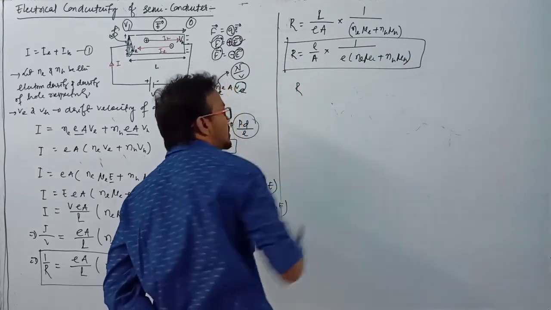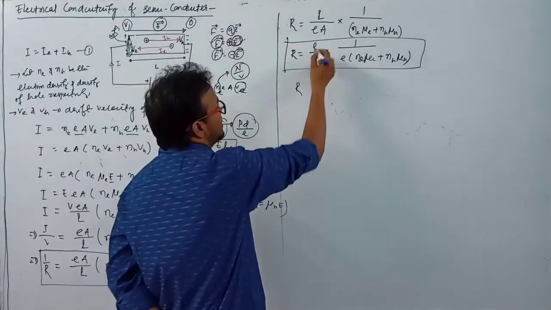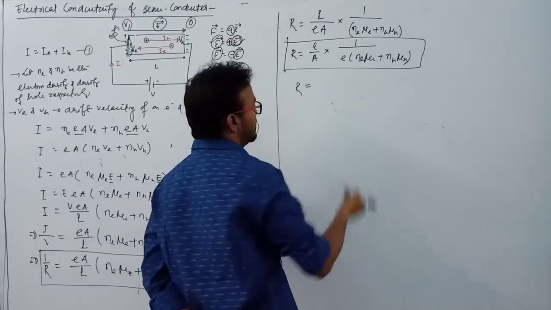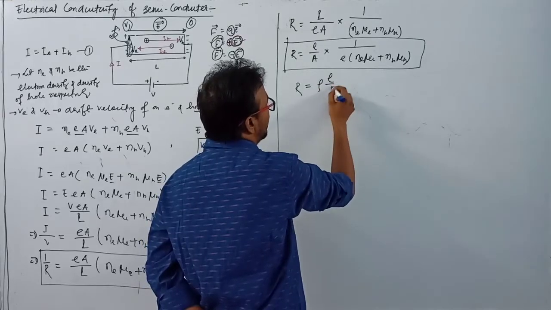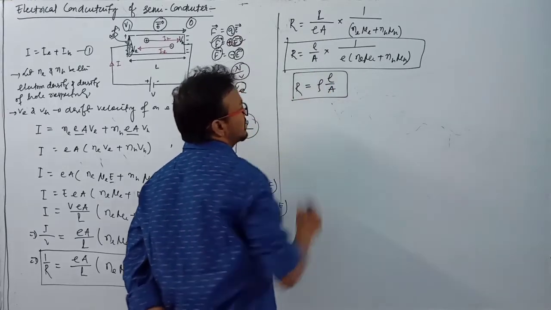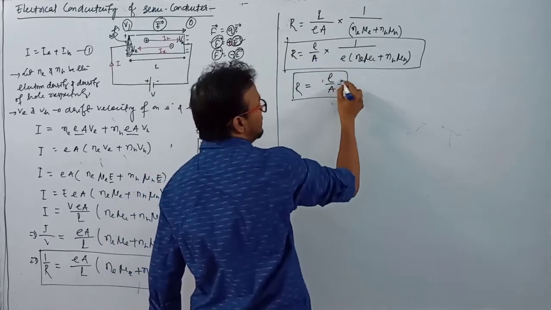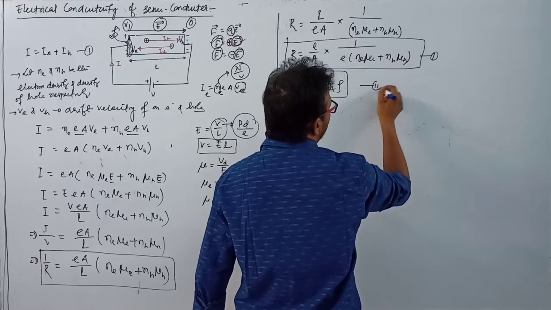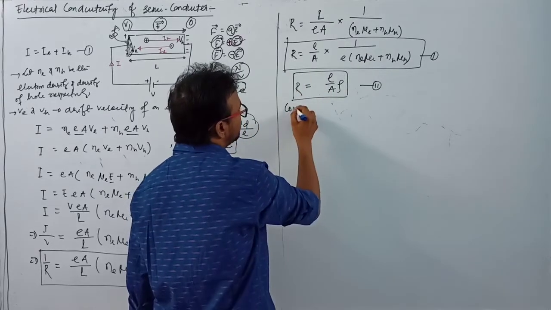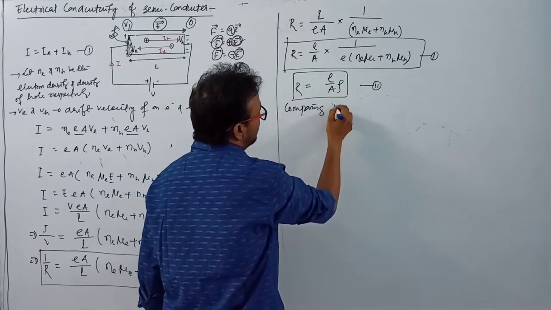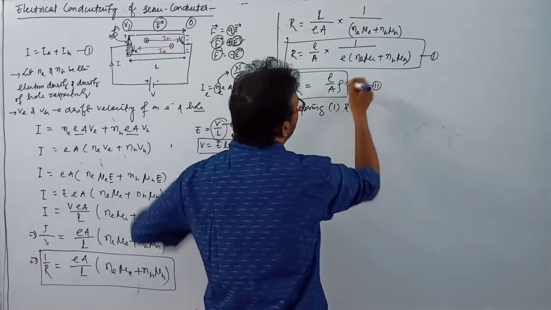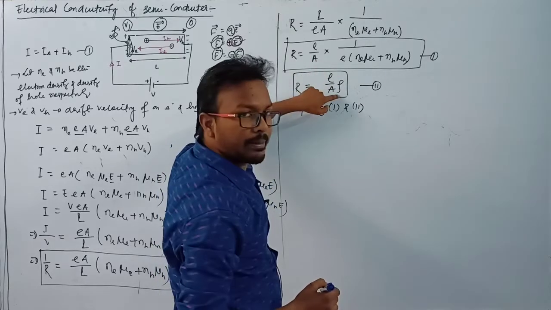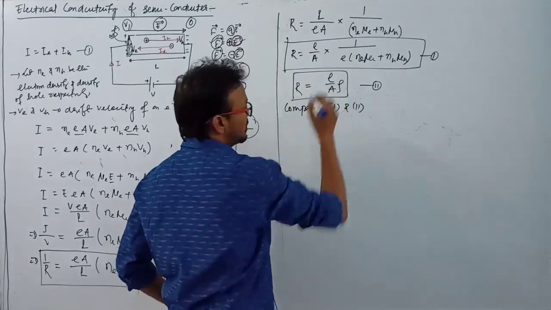Or we already know what resistance is. Resistance is directly proportional to length and inversely proportional to area of cross section, and there is one constant, resistivity rho: R equals rho L by A. This is the general expression. If you compare equations 1 and 2, you get R equal to R, L by A, but rho is the resistivity of the material.